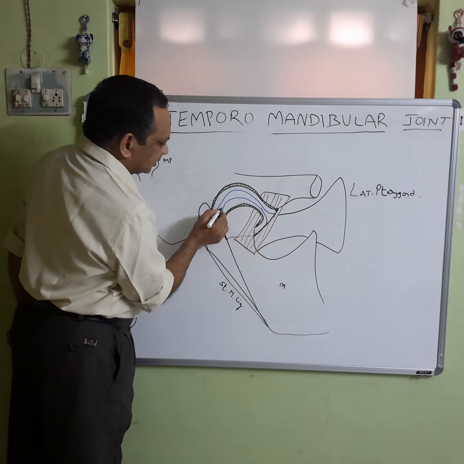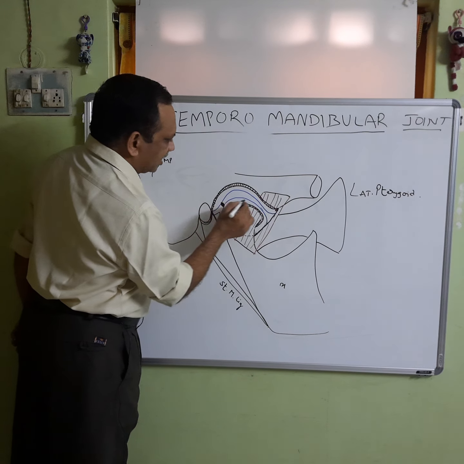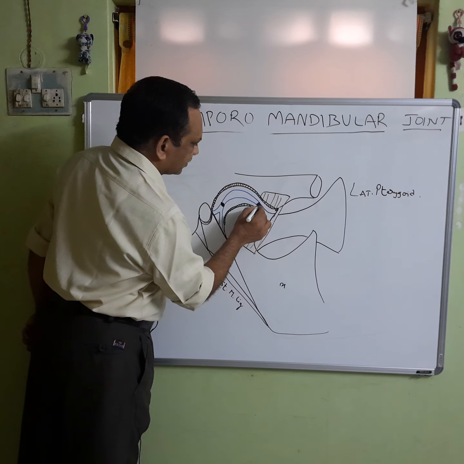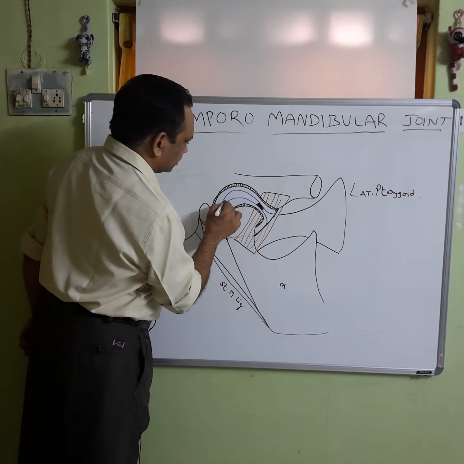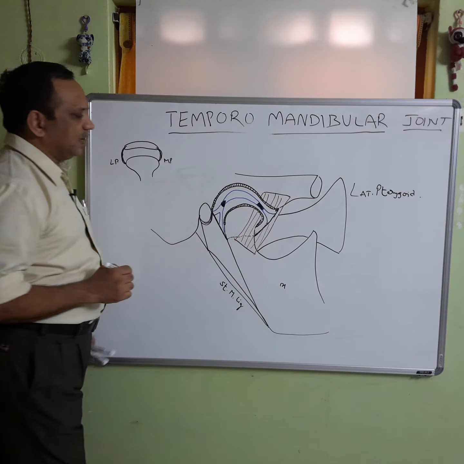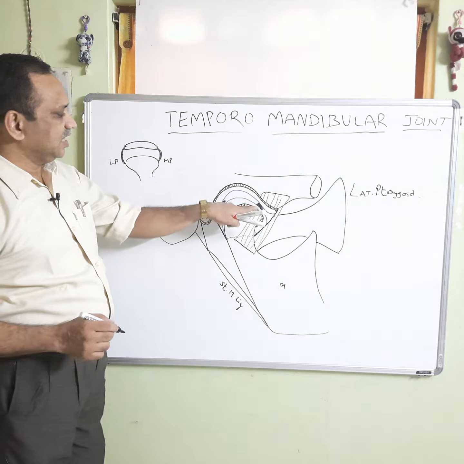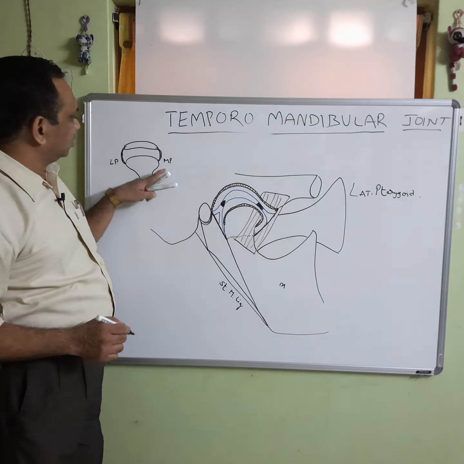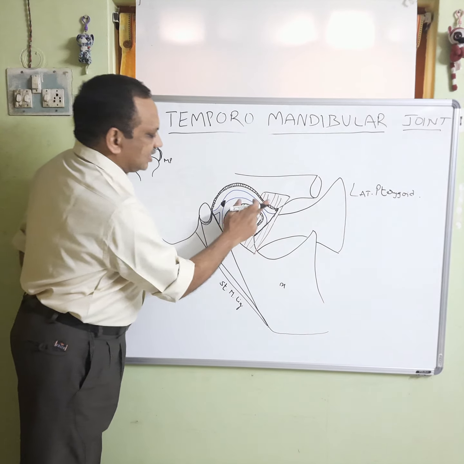So, one is here and another one is here, like this. So, at two places the articular disc has thick bands. These bands attach this disc to the medial pole and lateral pole at two places. One is anteriorly, one is posteriorly.